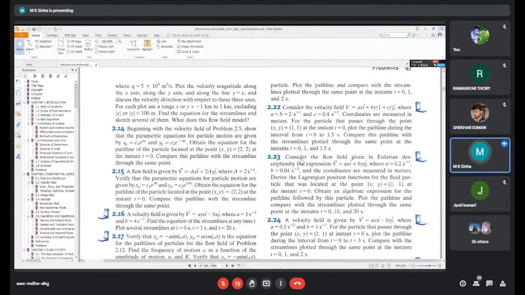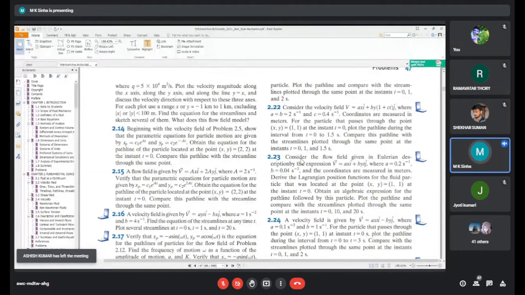So problem number 2.14, beginning with the velocity field of the problem. 2.5 is nothing but v equal to axi minus byj.